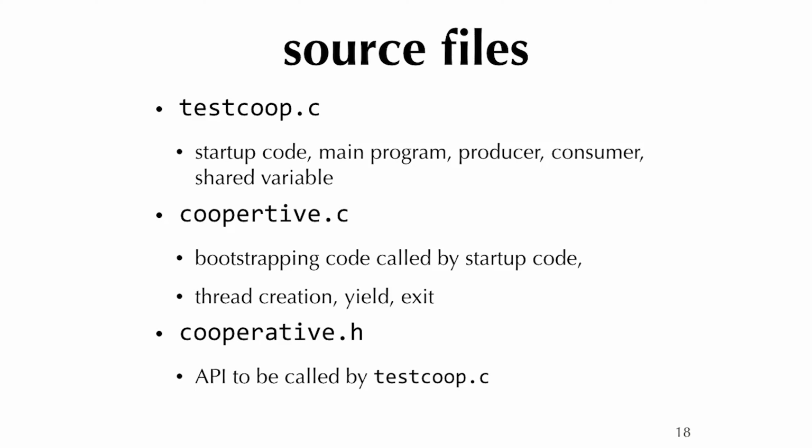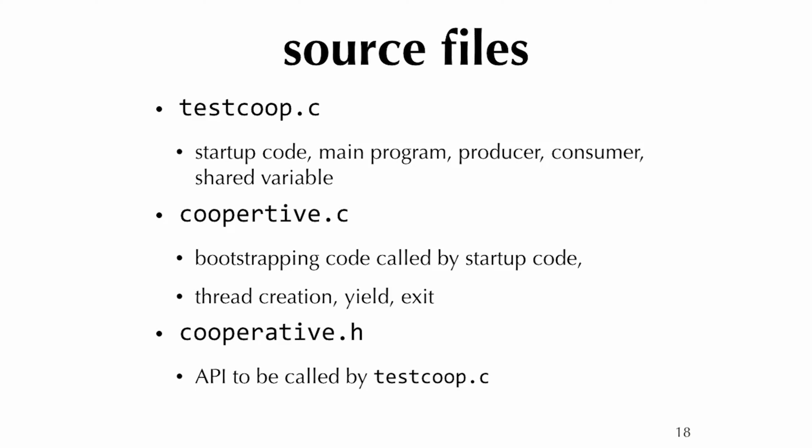There's cooperative.h and cooperative.c. The .h is the header file. If you want to call from your application to the threads, you have to do #include cooperative.h to get the API and type declarations. Cooperative.c is the implementation, and it contains the bootstrapping code that's called by the startup code, and it includes the implementation for thread creation, yield, and exit.